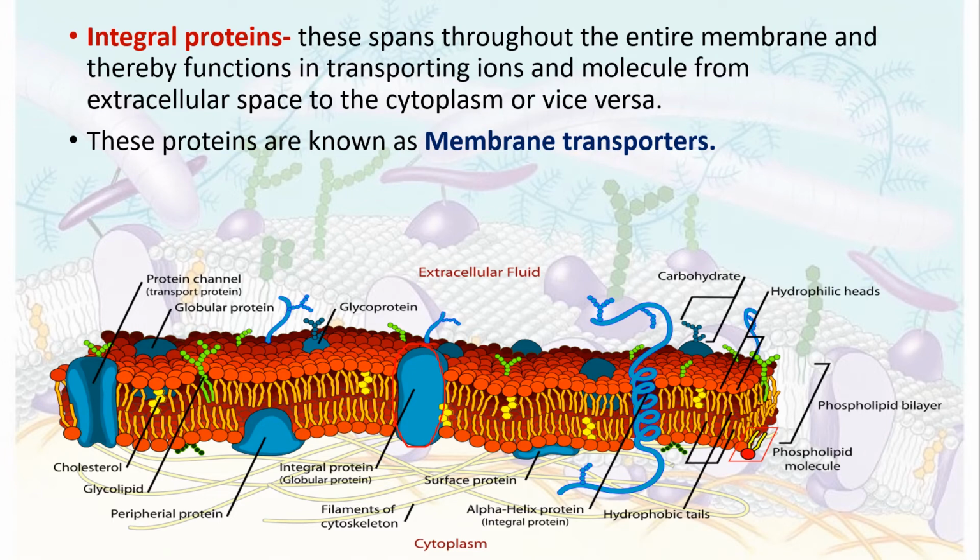They help in transporting molecules inside or out of the cell. These proteins are known as membrane transporters. So you have to remember this term: the integral proteins which span the entire lipid bilayer act as membrane transporters.